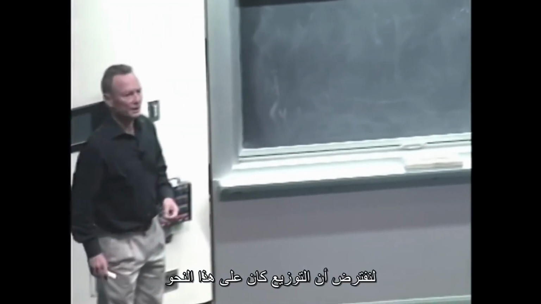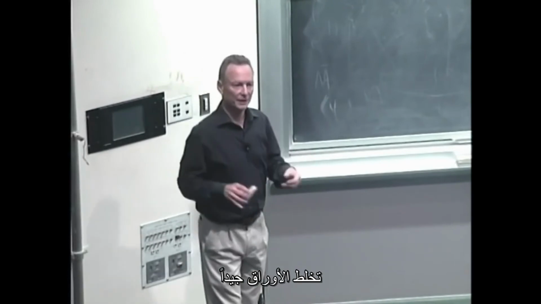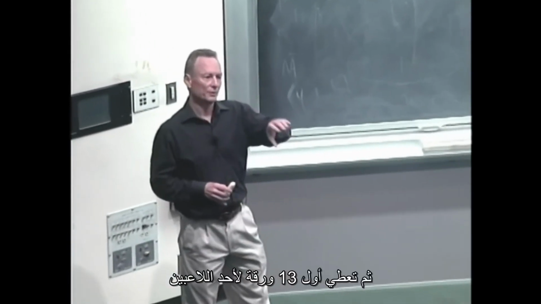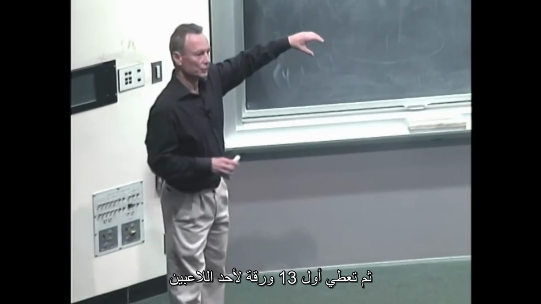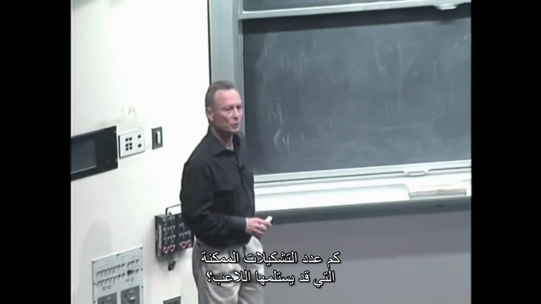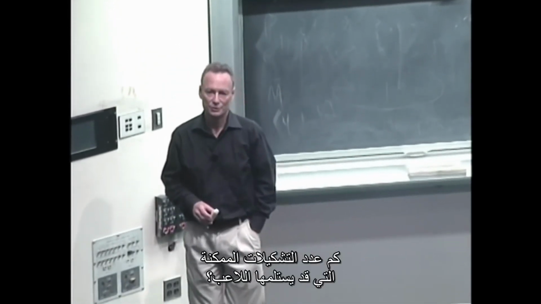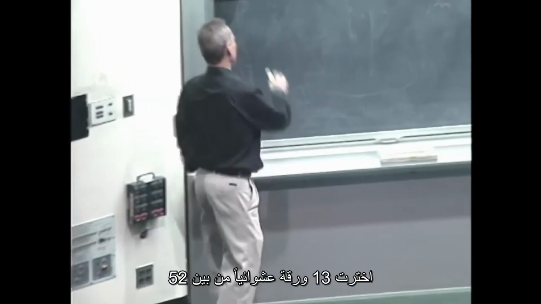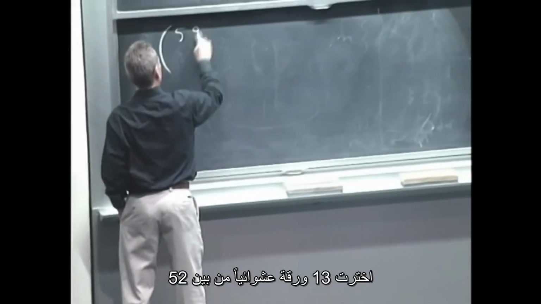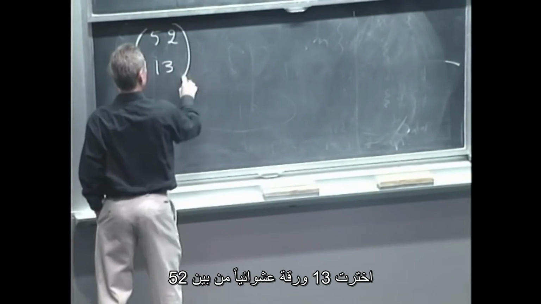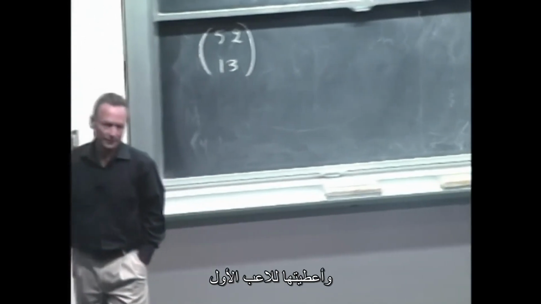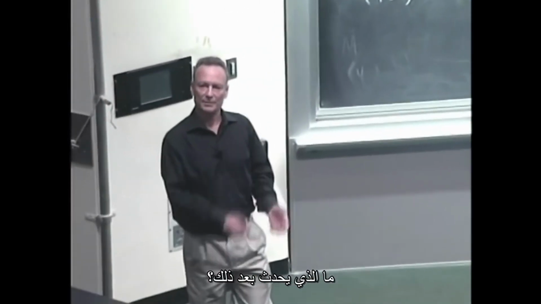So think of dealing as follows. You shuffle the deck perfectly, and then you take the top 13 cards and give them to one person. In how many possible hands are there for that person? Out of the 52 cards, I choose 13 at random and give them to the first person. Having done that, what happens next?